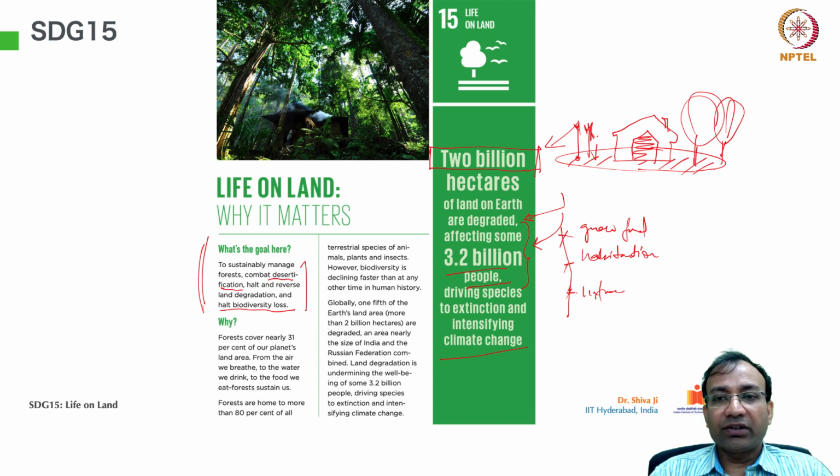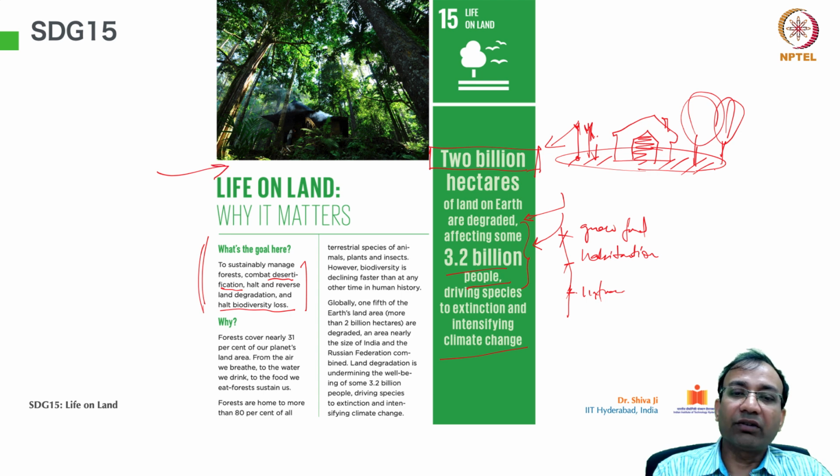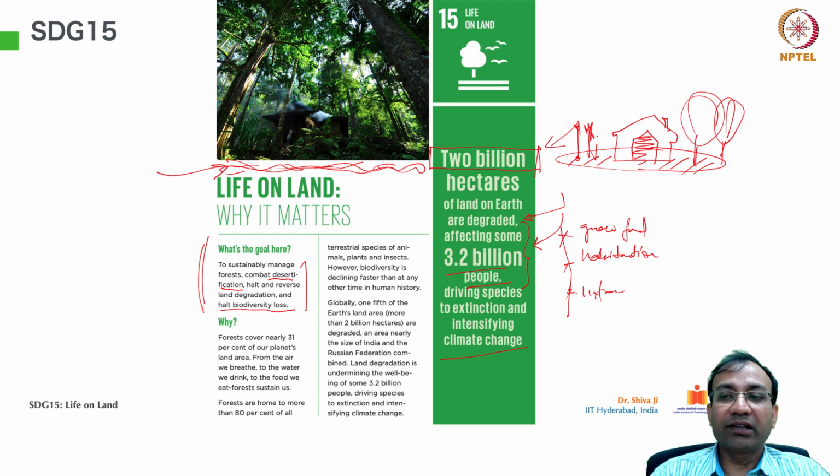What is desertification? Desertification is a process in which normal fertile land, like this forested place, loses its fertility. A forest is possible in a land where there is plenty of water, organic material, humus, all of those things, which make the land fertile to grow trees and vegetation.